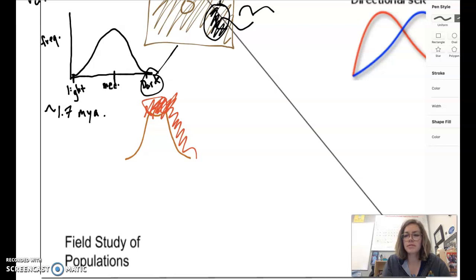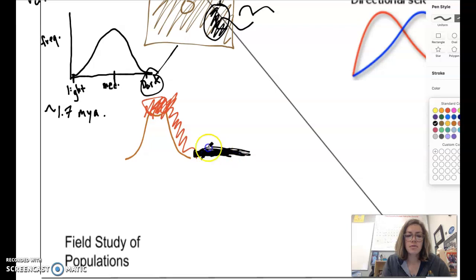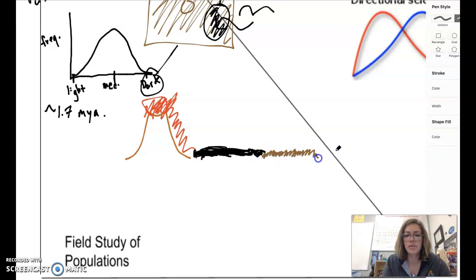And then what happens when lava cools? Our environment is now going to be more along the lines of this dark color. But the lava can only spread so far, right? So once the lava has spread out as far as it's going to reach and cooled off, you still have that sandy colored environment.